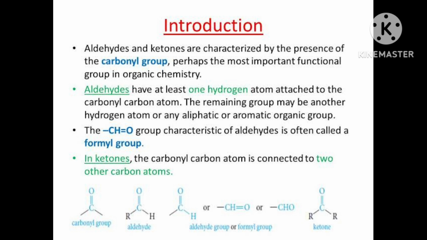Again, listen: the carbonyl compounds in which the carbonyl group is bonded to oxygen are known as carboxylic acids and their derivatives, for example esters and anhydrides, while compounds where carbon is attached to nitrogen and to a halogen are called amides and acyl halides respectively.